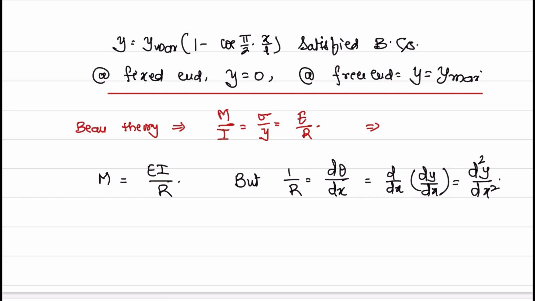This can also be an objective type question that can be asked either in GATE or SSC JE. The inverse of the radius of curvature is equal to d square y by dx square. Very, very important derivation. One by one we are deriving important equations. Please remember them.